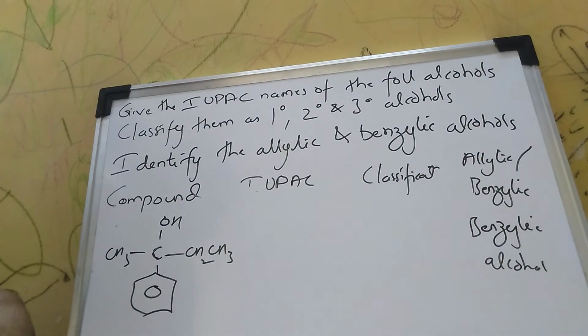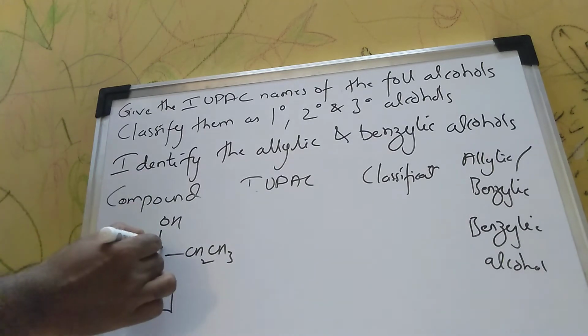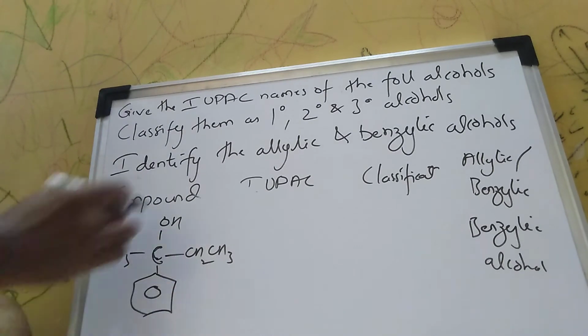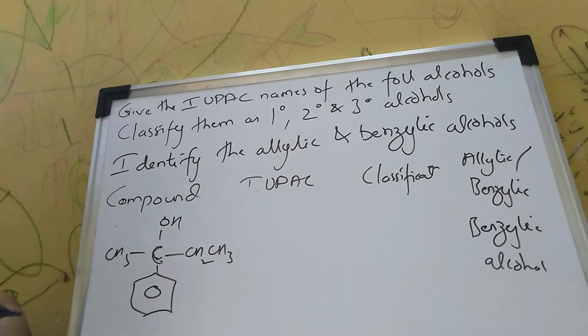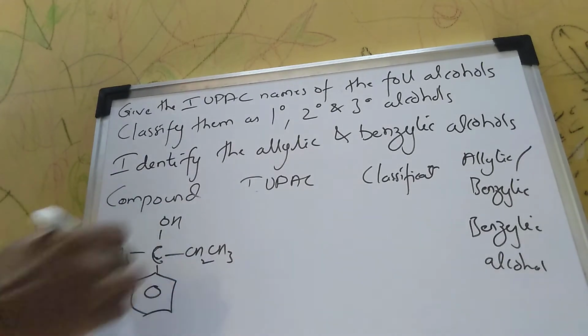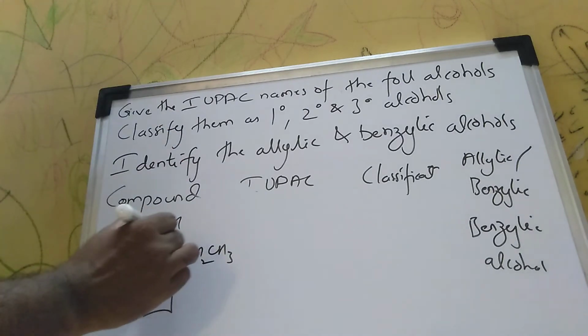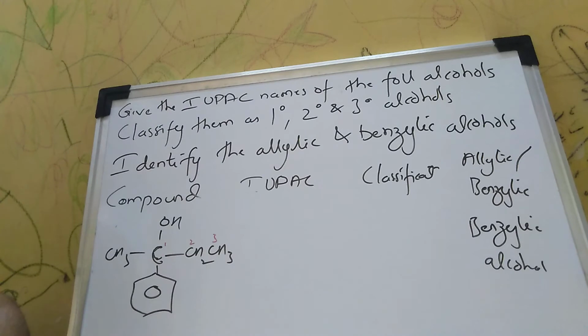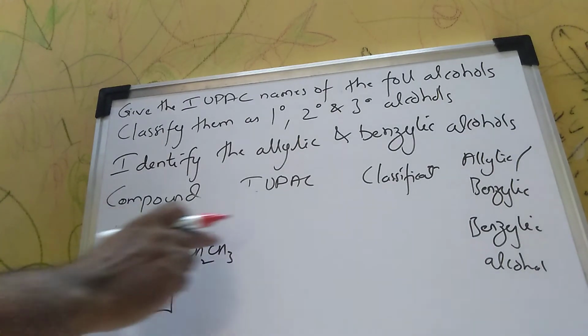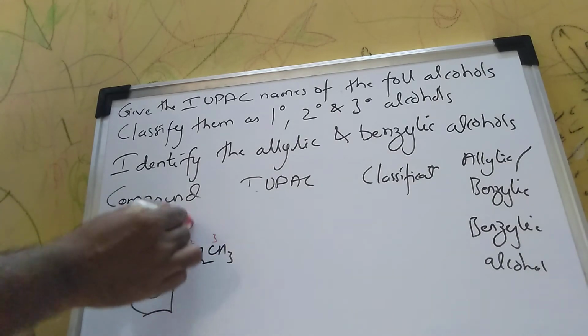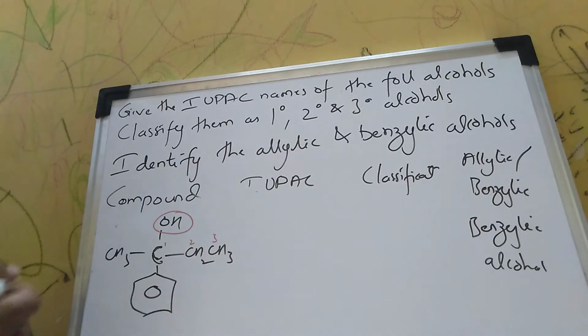Now the IUPAC name, let's count. This carbon atom which is attached to OH and to the benzene ring, we can start the counting from here also. Propane or propan, OH is attached to the first carbon atom, propan-1-ol. This carbon has another substituent, methyl.